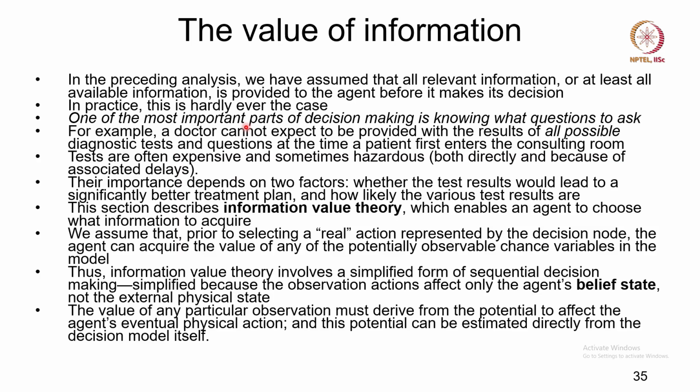But it's also possible that an important part of decision making is knowing what questions to ask. For example, a doctor cannot be given the results of all possible tests. So he has to decide what question to ask and what tests to be done, because some tests may be expensive, some may be hazardous, and you cannot do all tests.